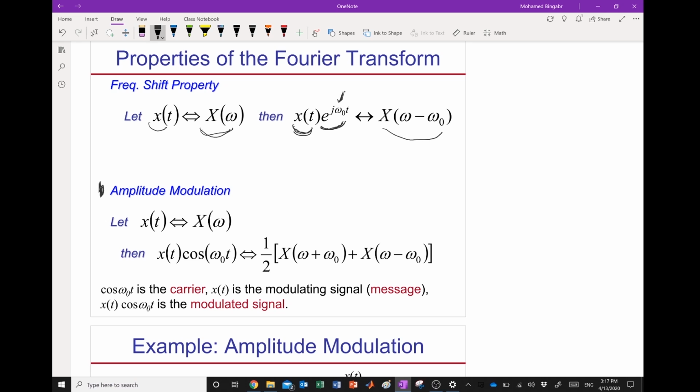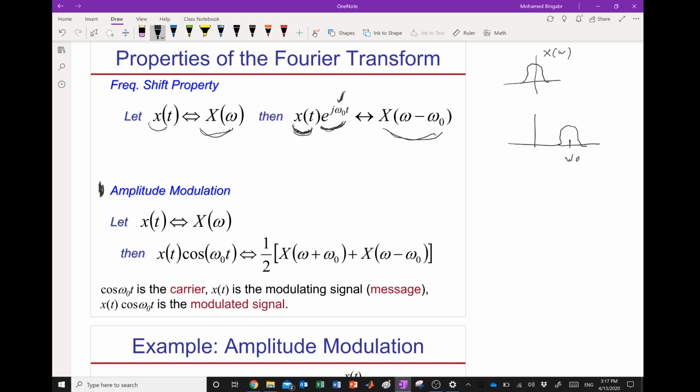So if x of omega looks something like this, and I multiply the signal in the time domain by this one, now this spectrum will be centered around omega 0, and it will look exactly like this. So you shift the spectrum to be centered around omega 0.